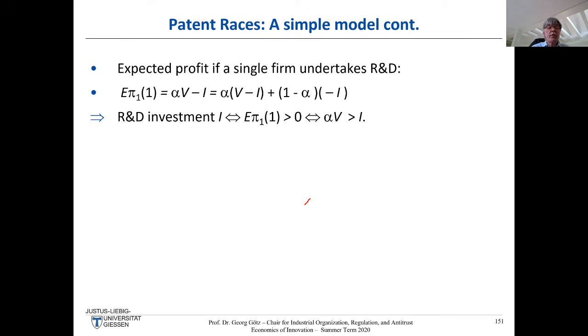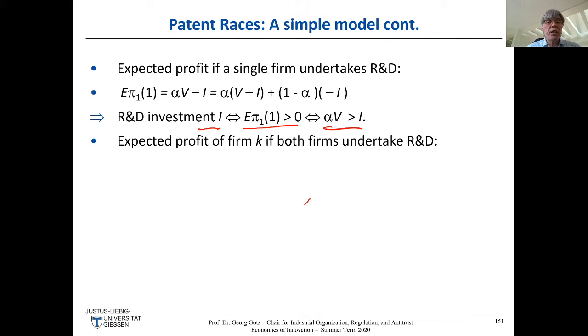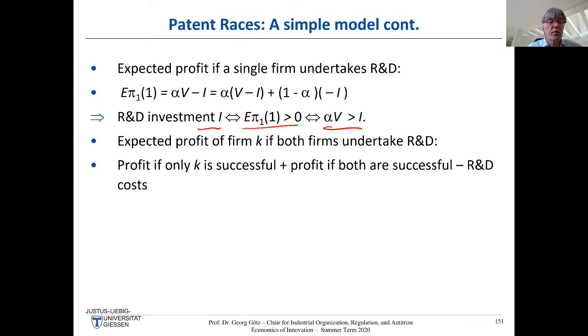And of course the decision rule is very simple. You invest in R&D if your expected profit is non-negative or strictly positive. Okay, and that means you invest in R&D if alpha times V is greater than I. Now it's interesting what happens if we have more than one firm. We have exactly 2 firms in this case.